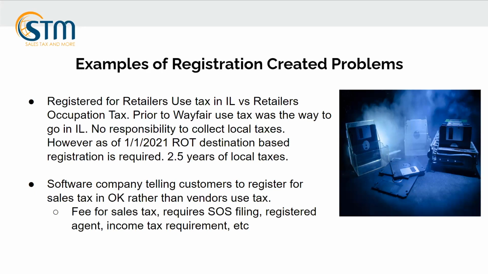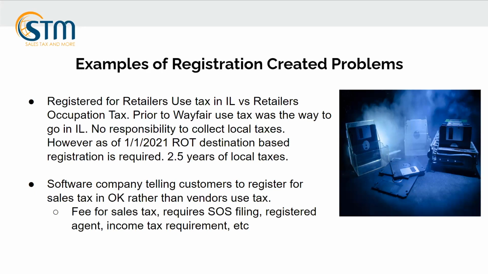If you weren't registered yet, when you get registered going forward, you got to make sure whoever's registering you knows what the new rules are, because Illinois is very, very aggressive, and they're going back after companies for not collecting the right amount of taxes, the local taxes.